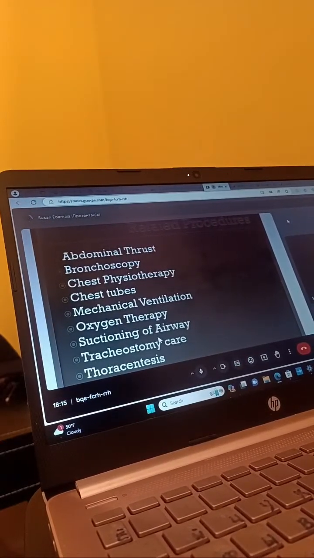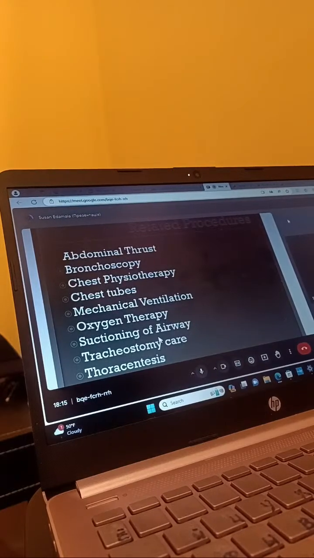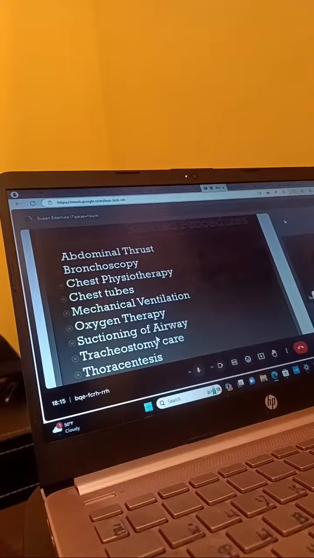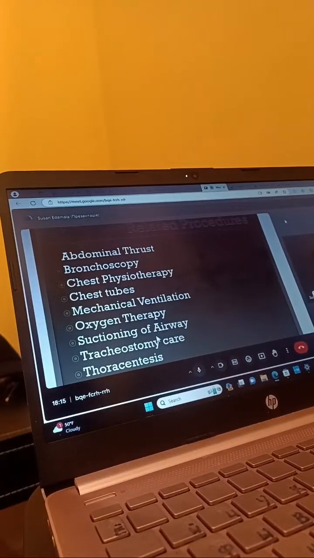Some of the procedures are abdominal thrust. When they use abdominal thrust, what is this procedure? This is when someone is eating or something, they choke, and when they choke, you hold the abdomen and you go up like that to dislodge the food that is in the throat.